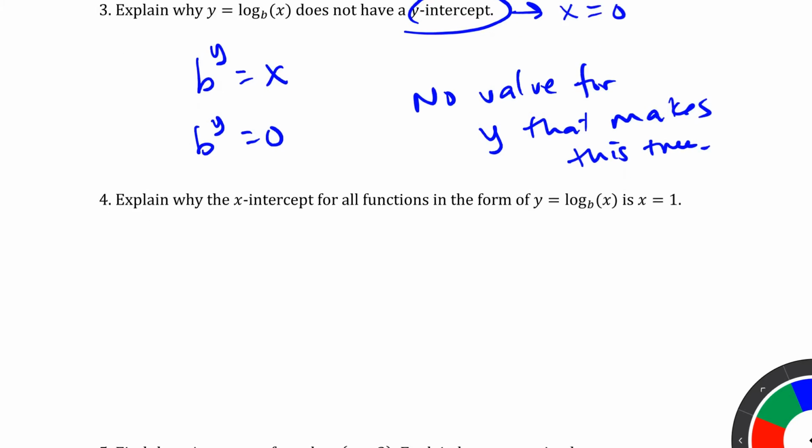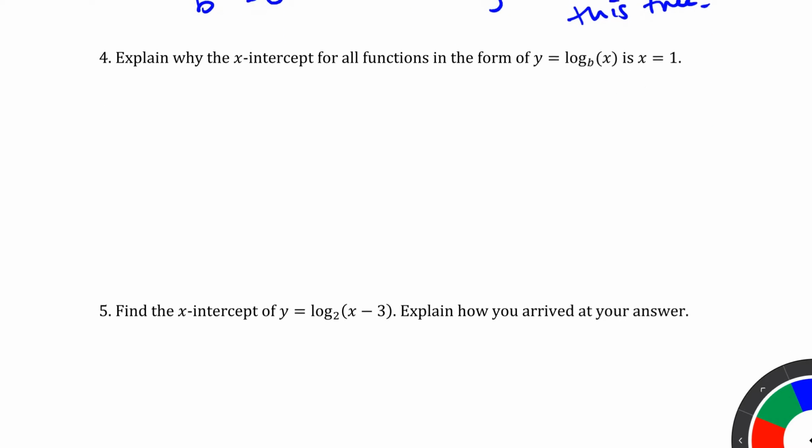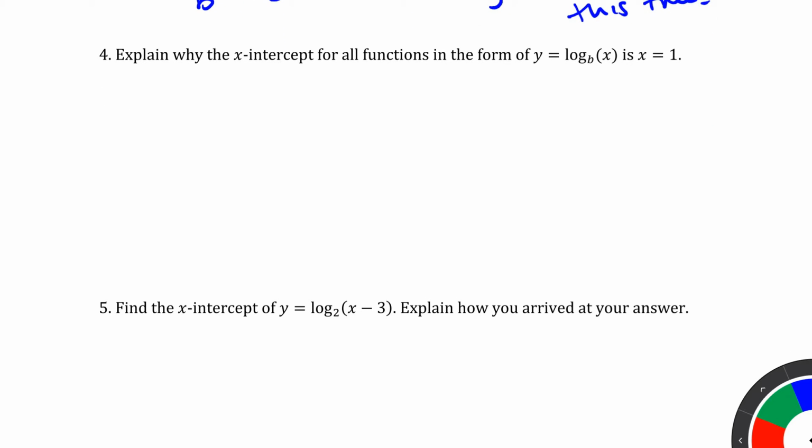The next one, number 4, says explain why the x-intercept of all functions in this form is x equals 1. So in this form, if I was to rewrite this as an exponent, it would be b to the y equals x. Well, if we're talking about an x-intercept, we're talking about y equals 0, so b to the 0 equals x.